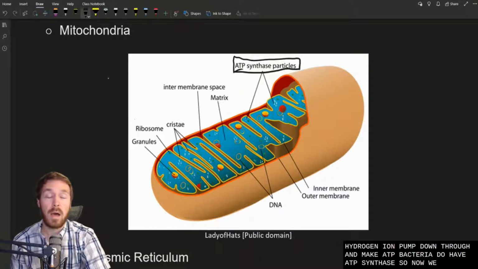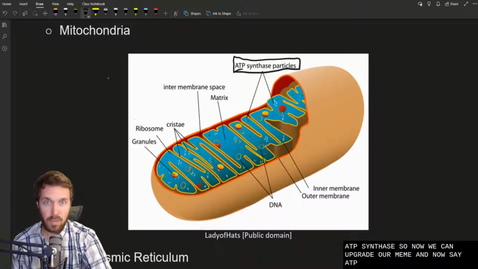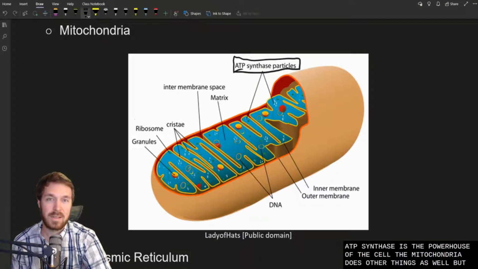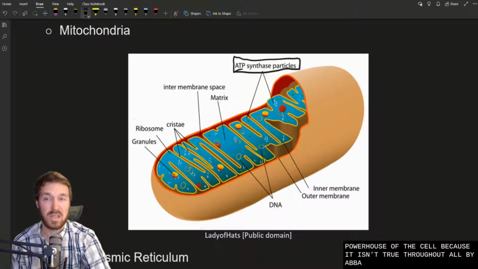So now we can upgrade our meme and now say ATP synthase is the powerhouse of the cell. The mitochondria does other things as well, but I don't like the definition of the mitochondria being the powerhouse of the cell because it isn't true throughout all biology. It's not the powerhouse of every cell, it's the powerhouse of eukaryotic cells.